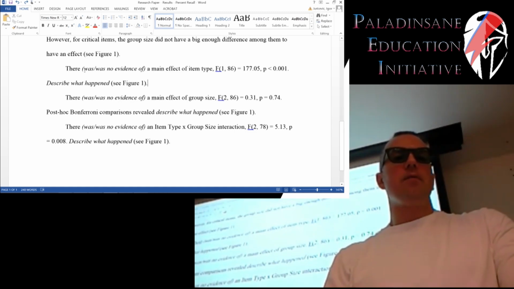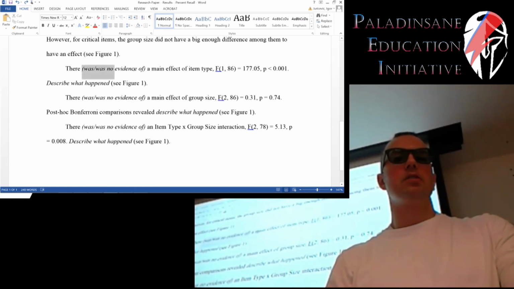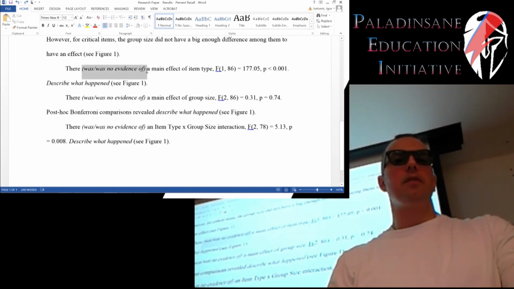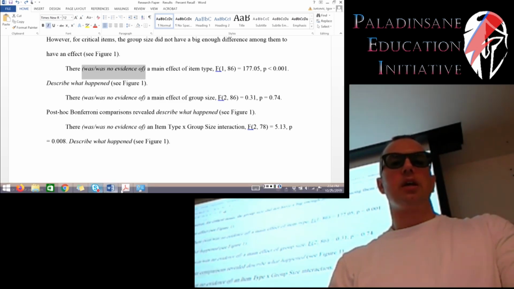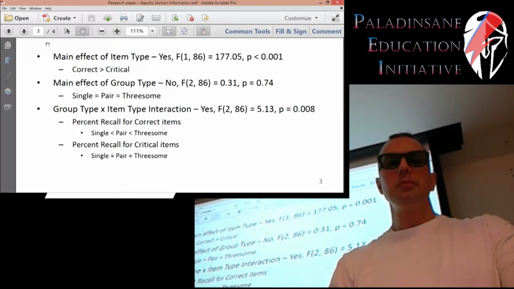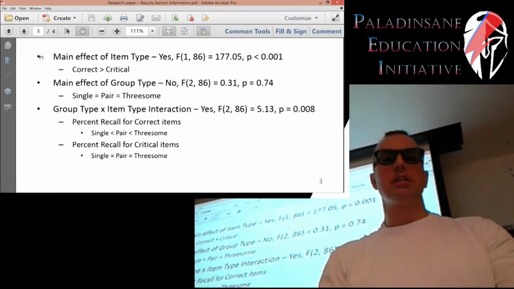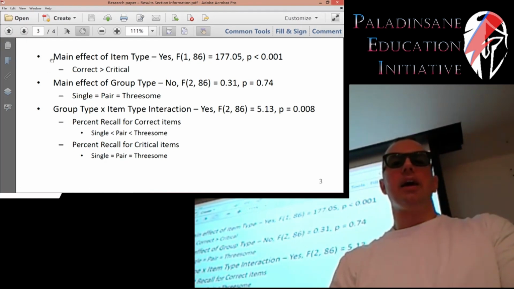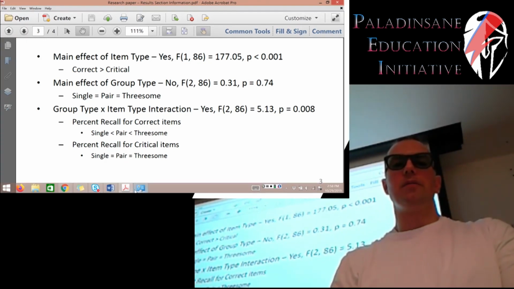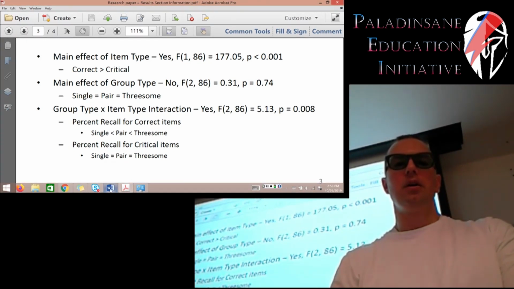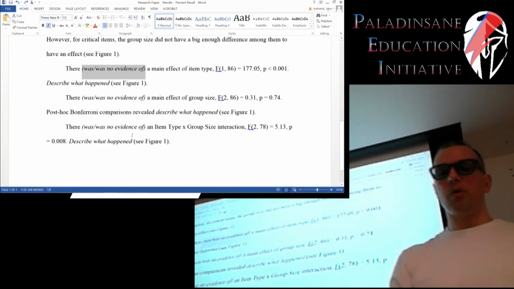So let's start off with the first main effect of item type. Once again, refer to your statistics handout here, and let me know, was there a main effect of item type? There was.